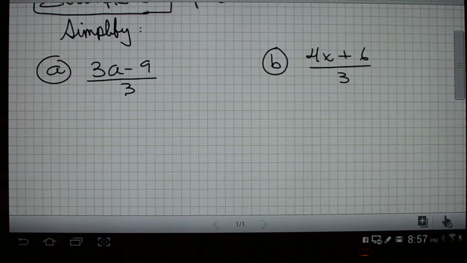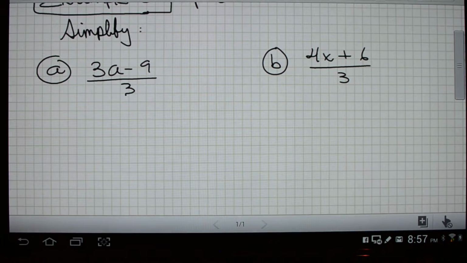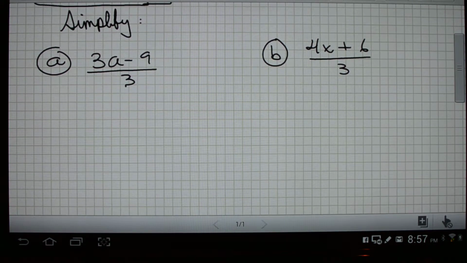Now this is one of the situations we talked about in the previous lesson, where you can't simplify unless all three of these terms within the fraction are divisible by the same thing. Well, in this case, we lucked out because they are all three divisible by the same thing. So, what is that number?